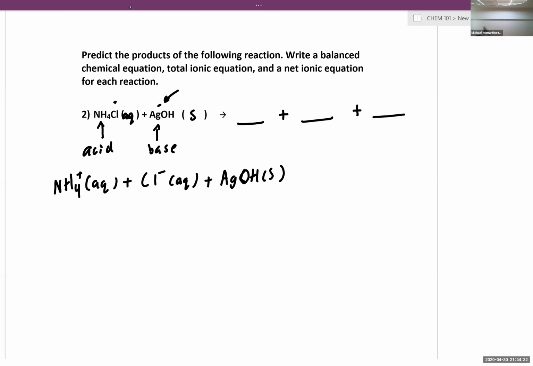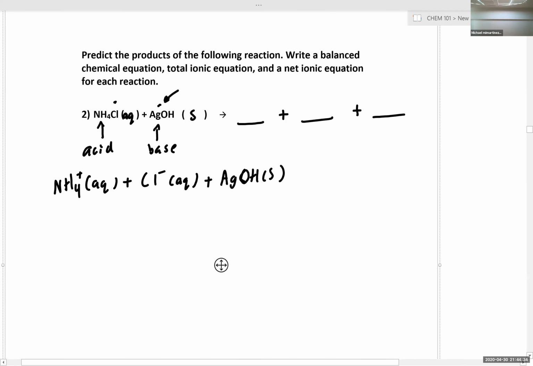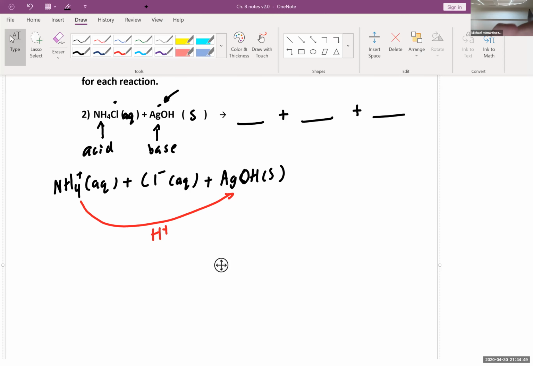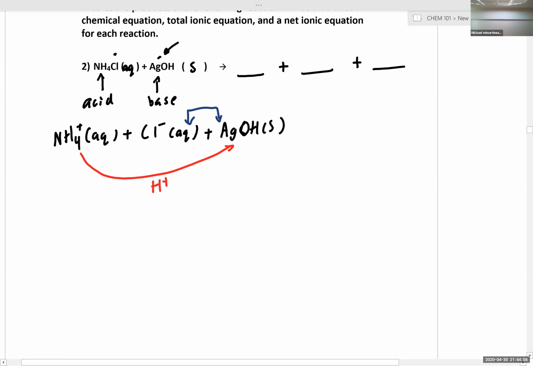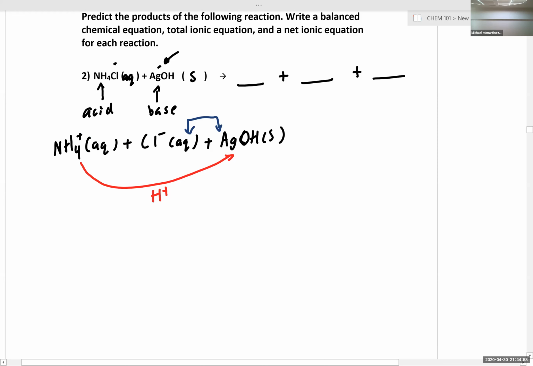Now we are going to transfer a proton from our acid to our base. Additionally, we are going to pair our cation and the anion present in solution.